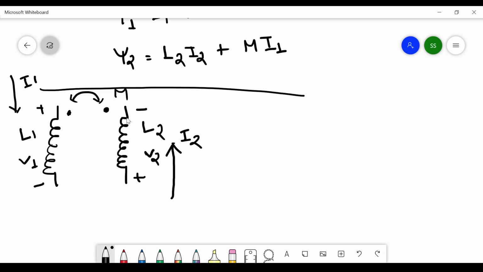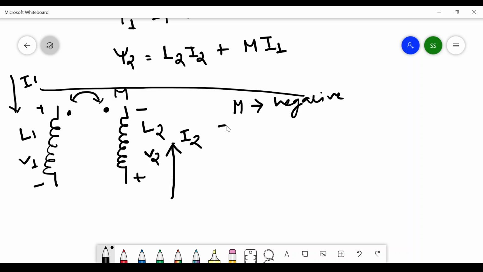Now here you can see that in this coil the current is entering the dot, but in this coil the current is leaving the dot. So with respect to the dots, in one the current is entering and in the other the current is leaving, so the mutual inductance M will be negative.